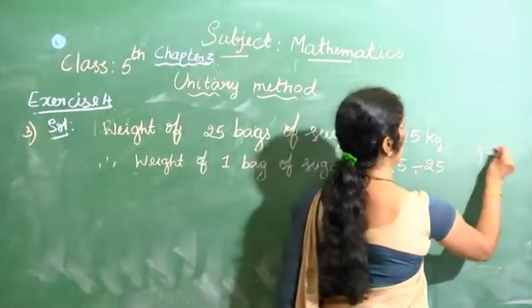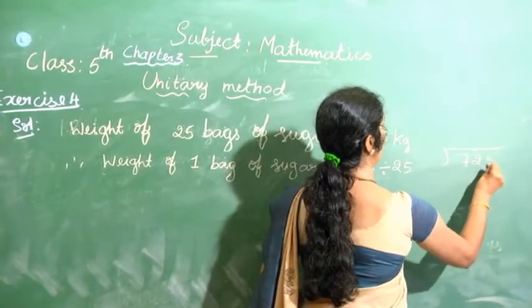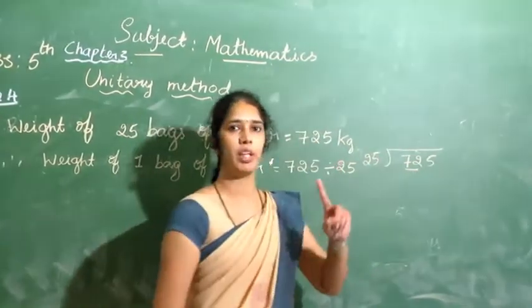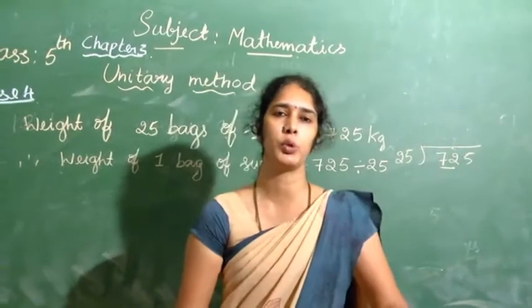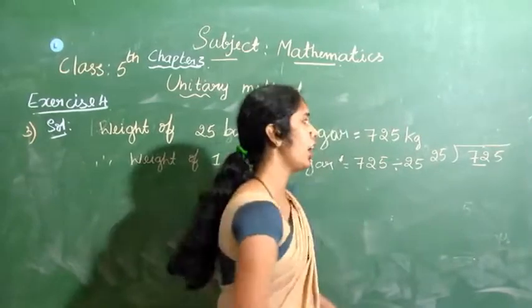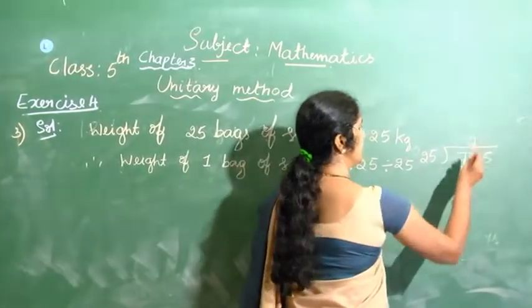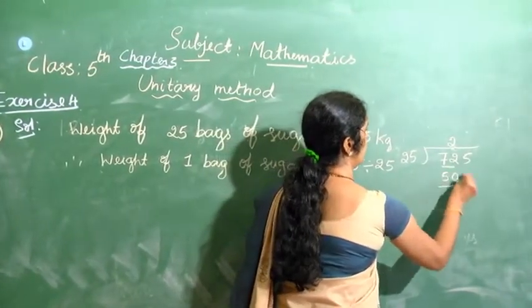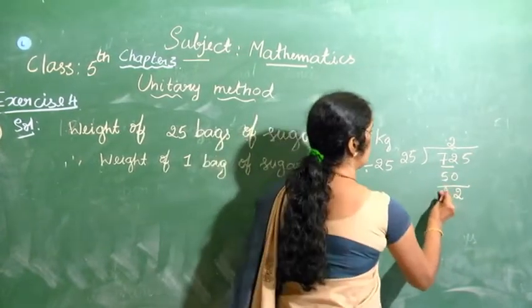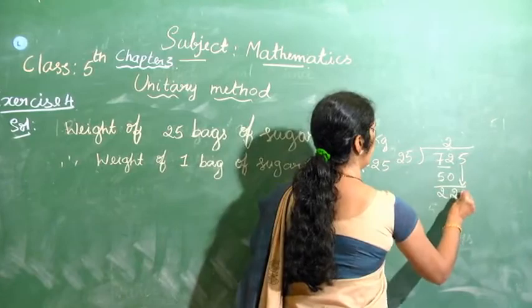So 725 divided by 25. 72. 25 ones are 25, 25 twos are 50, 25 threes are 75. So I should take 25 twos are 50. 2 minus 0 is 2. 7 minus 5 is 2. So take this 5 here.